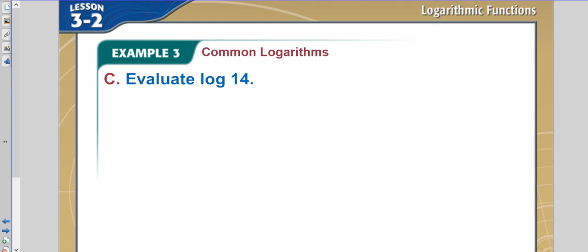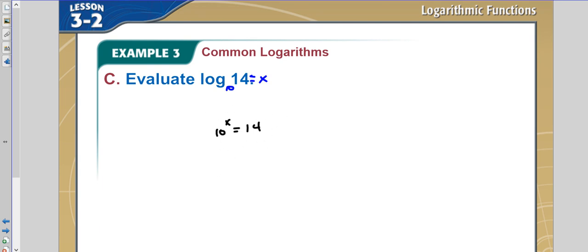Let's try this one. Now we have something a little bit more difficult, I'm sorry. So we would say 10 to the power of x equals 14. And notice we can't solve this, so we're going to end up doing a different property later on. But for the most part, what you could do is type that into the calculator and find out an answer. Here, we wouldn't be able to simplify by hand and do this one.